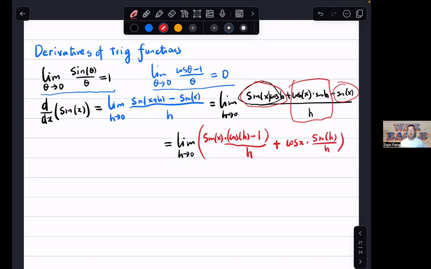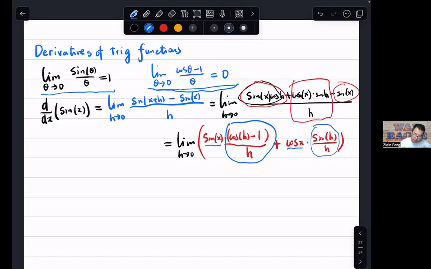Now we can plug in our limits. As h goes to 0, sine of x doesn't change, because that term doesn't contain h. This factor here goes to 0 by our limit above, which we already calculated. Cosine of x doesn't change as h changes. And sine of h over h goes to 1.